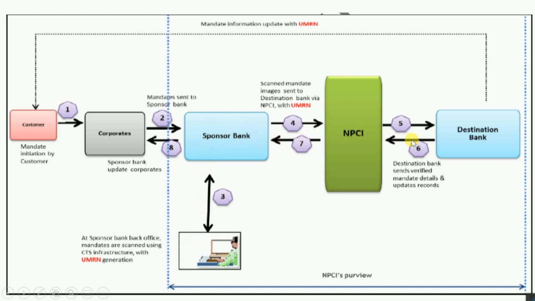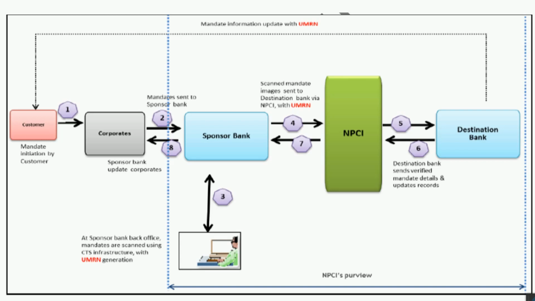And you remember we also talked about that the destination bank or the RDFI needs the proof of the mandate, which means that once this image travels to the destination bank, they will match the signature, whether the signature of the customer is matching with what they have in the record.